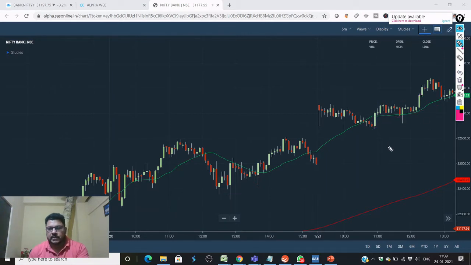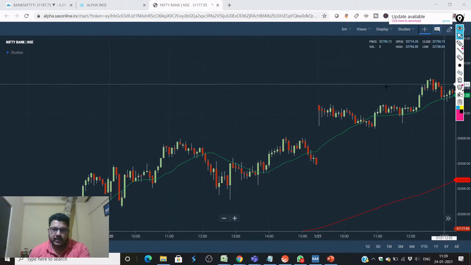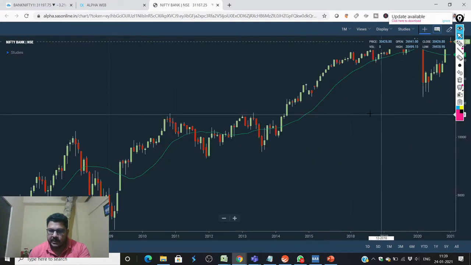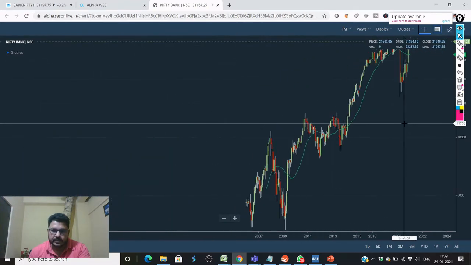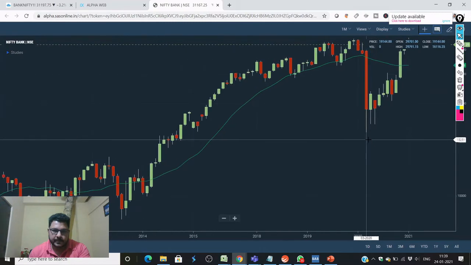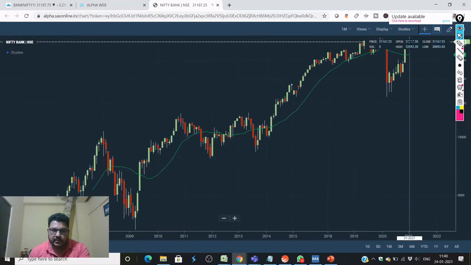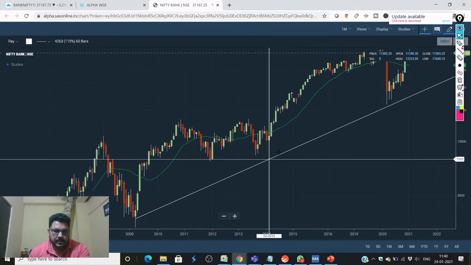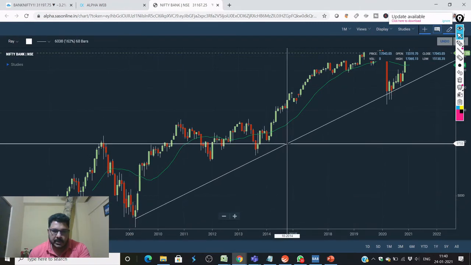So there are various ways you can use a trend line also to understand where we are heading. This is a 5-minute chart. I would always advise you to do this on a higher time frame and understand what the overall trend of the market is and then make your analysis. So this is your trend line.